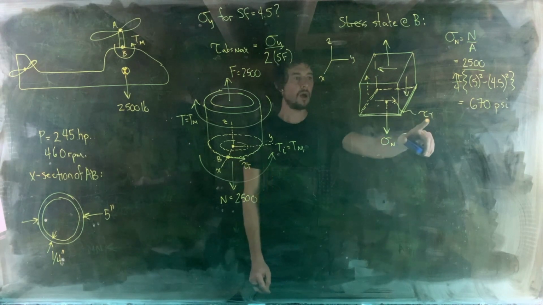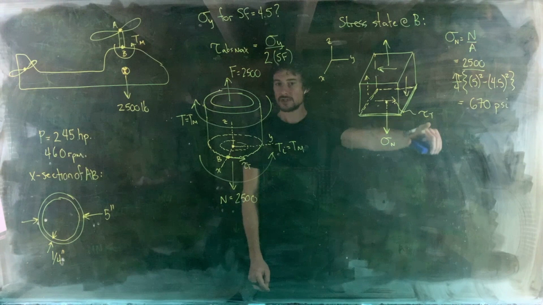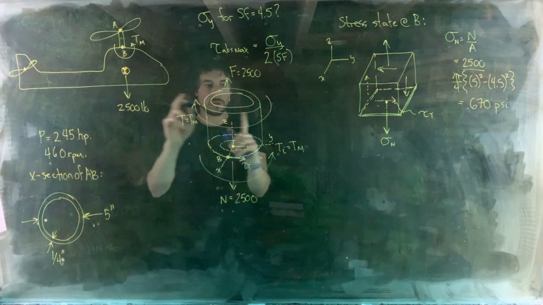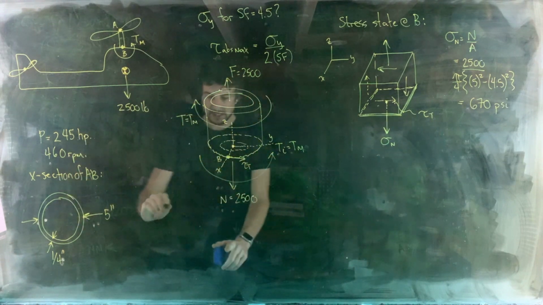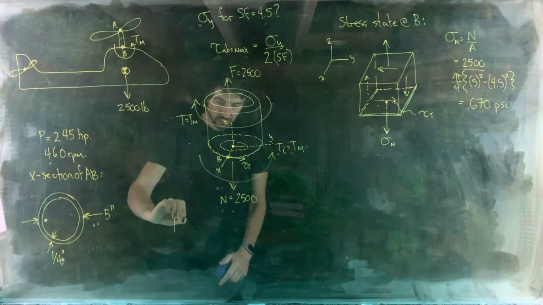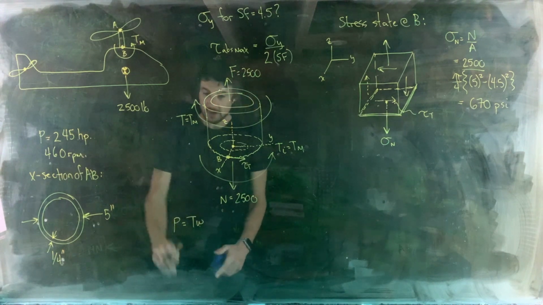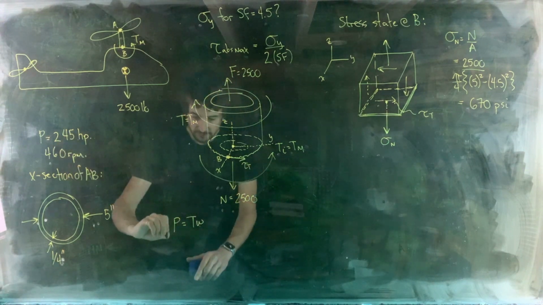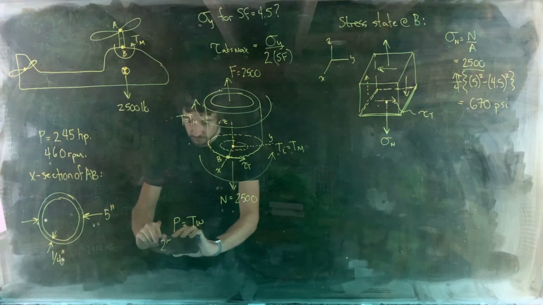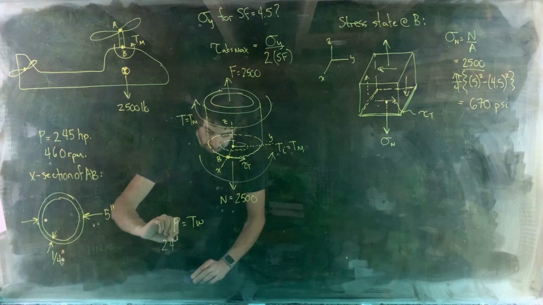Okay, now it's time for shear stress tau T. So let's first figure out what the torque from the motor is, Tm. The relationship between torque and power is power equals T omega. We've got a power of 245 horsepower.